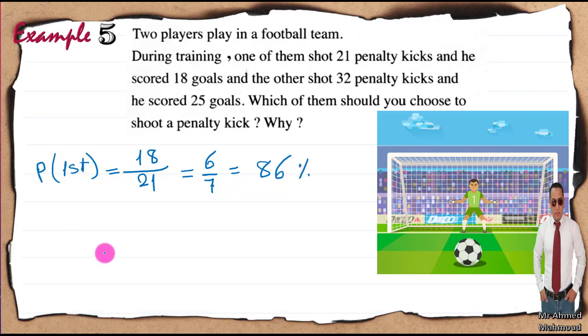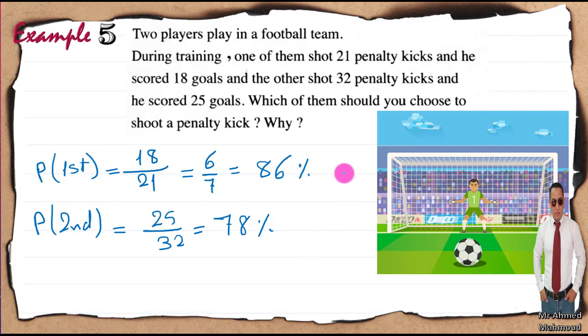Now the probability of the second. The second one shot 32 and scored 25 goals, so his probability equals the number of goals over the total number, which is 32. So it is 25 over 32, which is the simplest form, times 100, equals 78%.